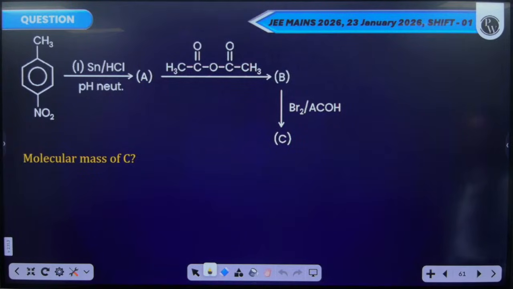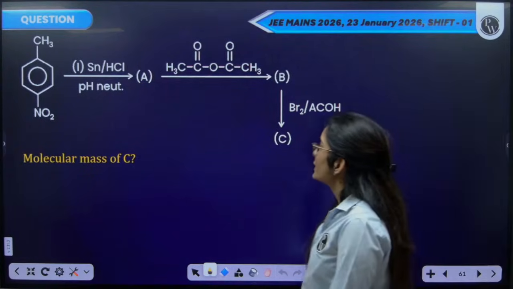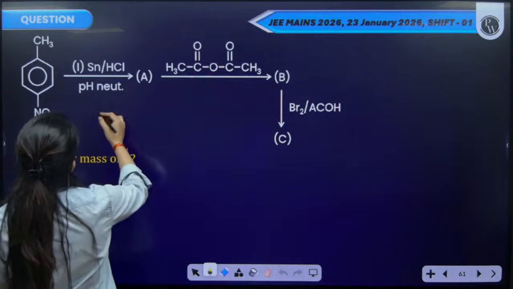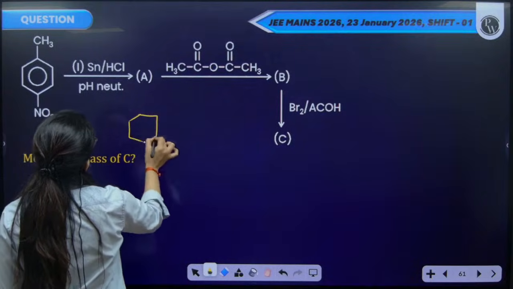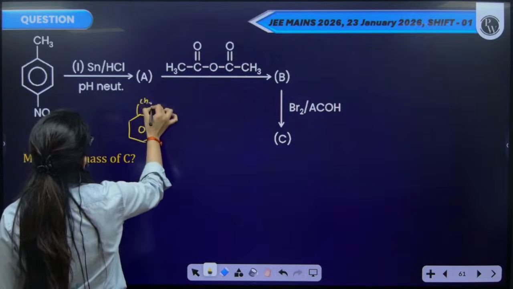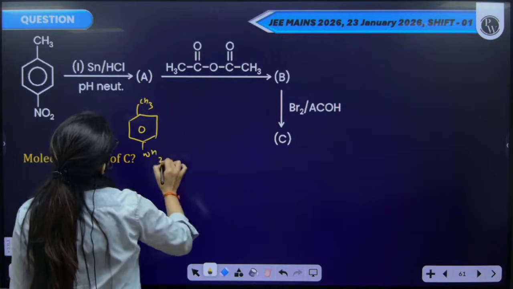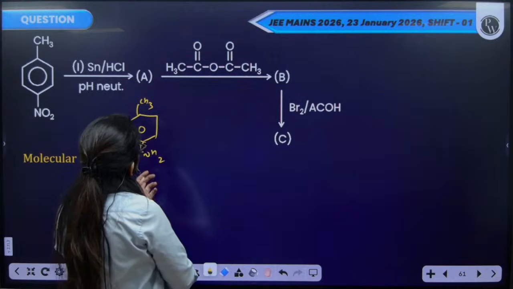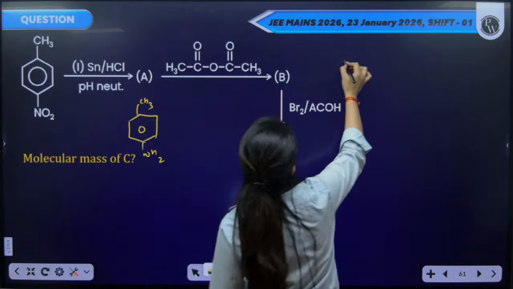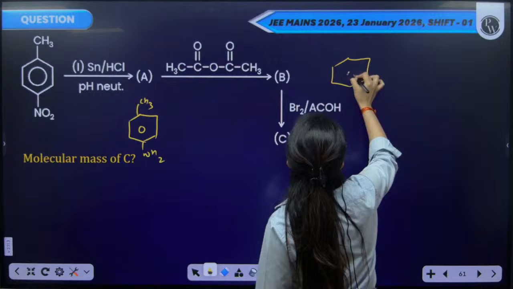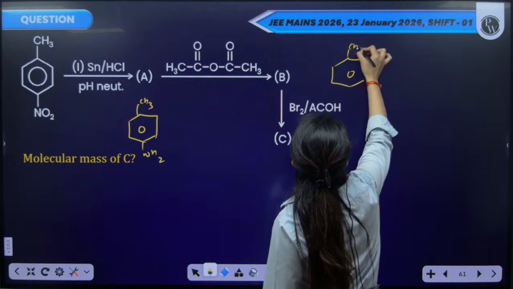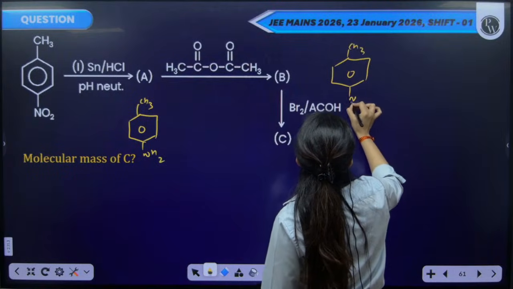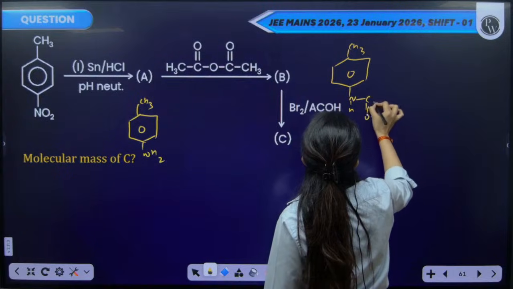Again, I think this is the same question that we have already done. SnCl2 or HCl will reduce the NO2 group, it will convert into NH2. Then again it is basically an acetylation process. The N will get acetylated, with the COCH3 group substituted on the nitrogen, NH, here C double bond O CH3.